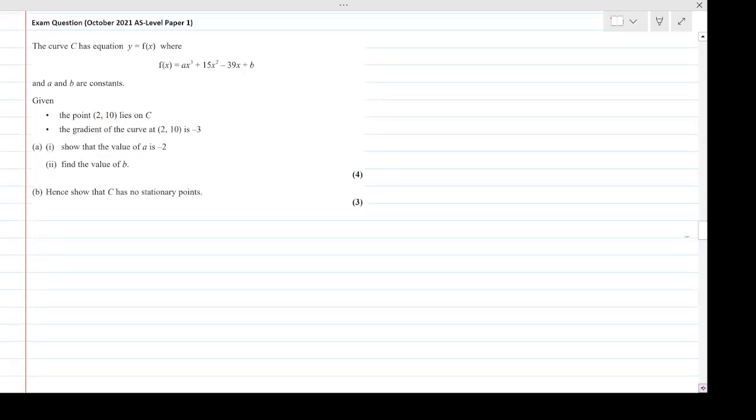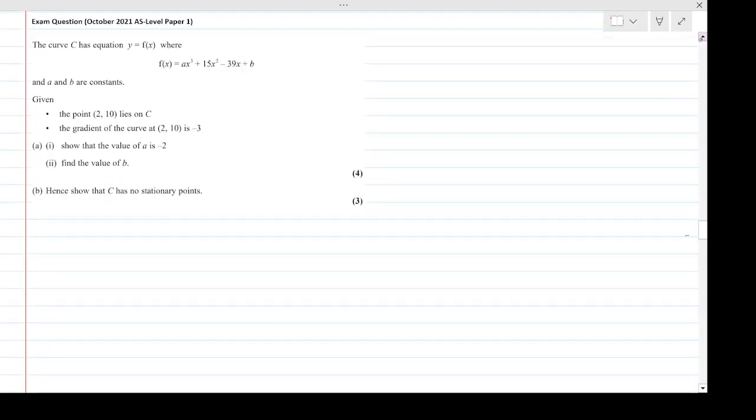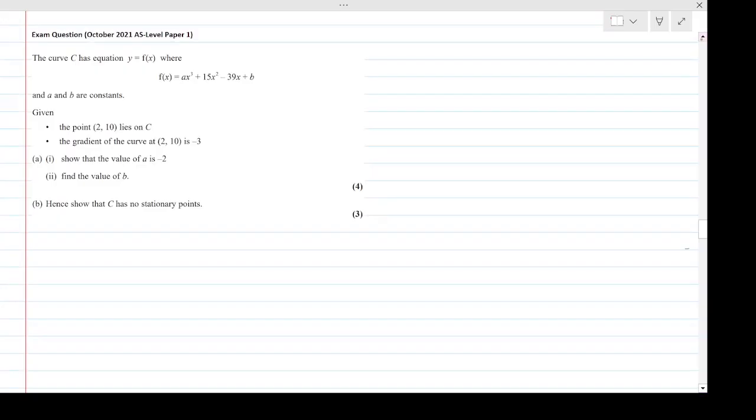Now we are told in this exam question that the curve C has the equation y is f of x. Well, f of x is this. So we know that f of x is ax cubed add 15x squared minus 39x add b.